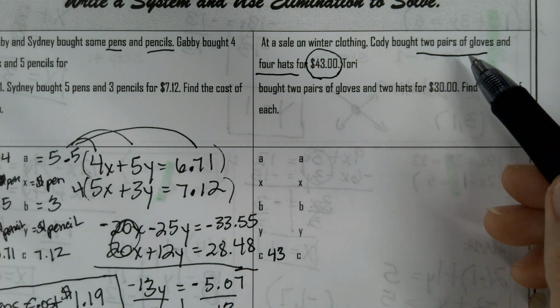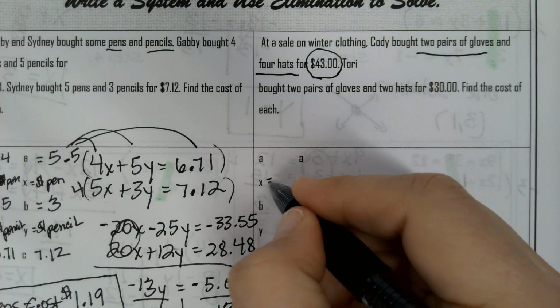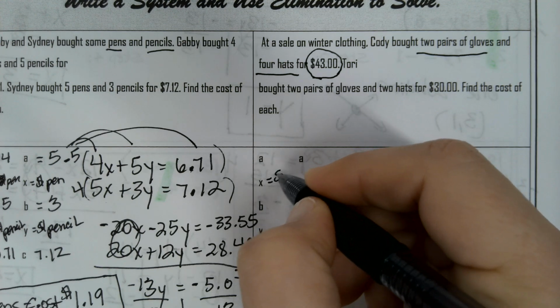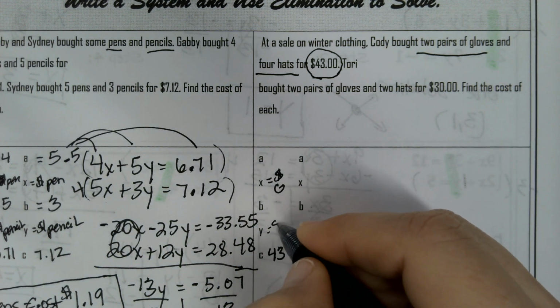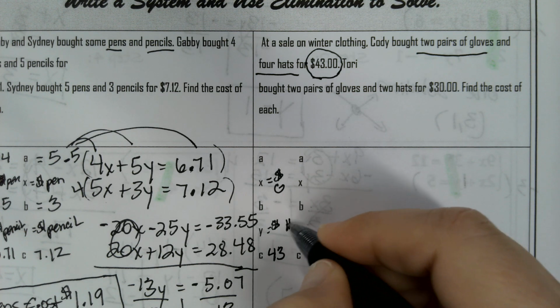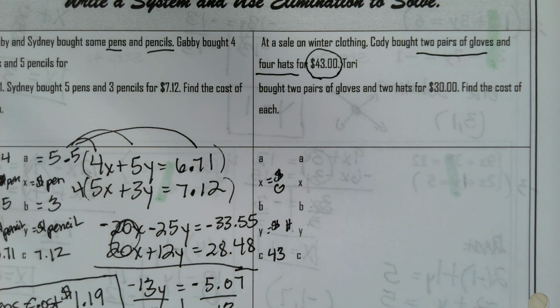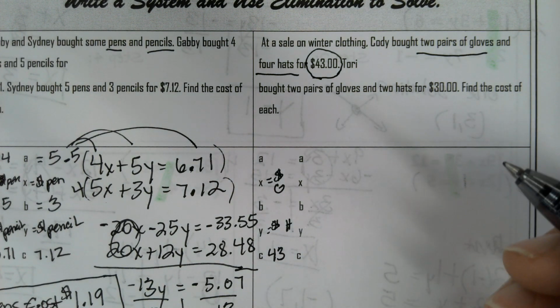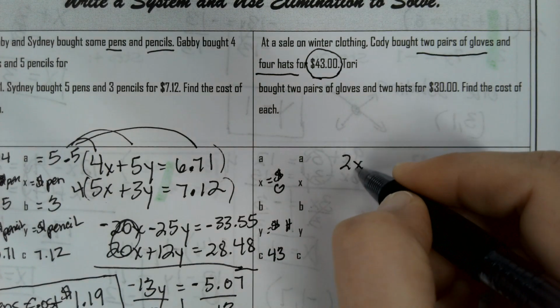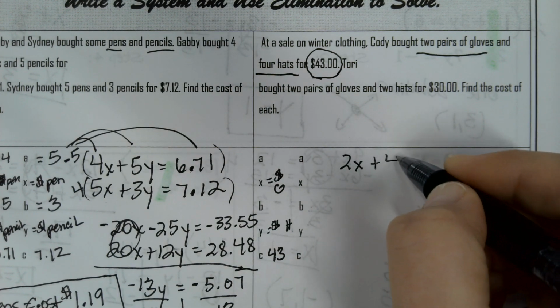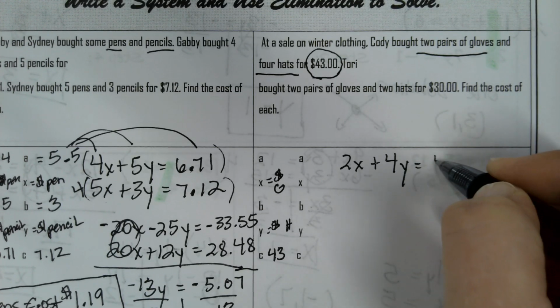So I'm going to pick which x is going to be. x is going to be the cost for gloves. Okay? y is going to be the cost for hats. And I'm going to put this whole equation together. So it looks like Cody bought 2 gloves, so that would be 2x plus 4y equals 43.